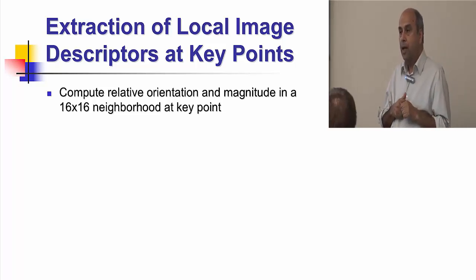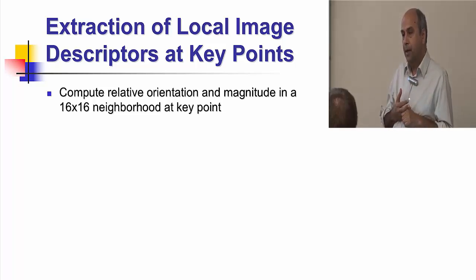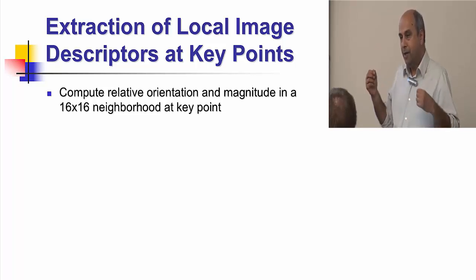That's one reason. Another reason is that in general the histogram is invariant to this transformation, because you're counting how many pixels have this particular orientation, whereas any other descriptor will not be. A distribution is always invariant to lots of things.